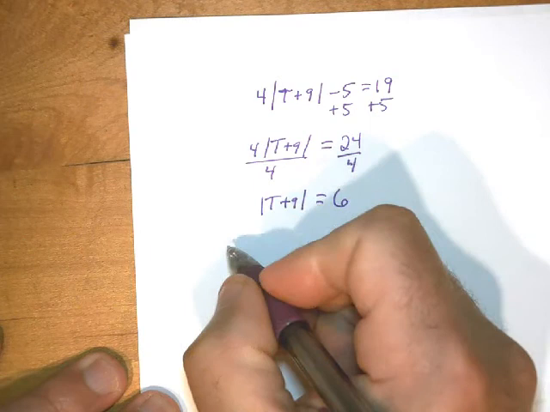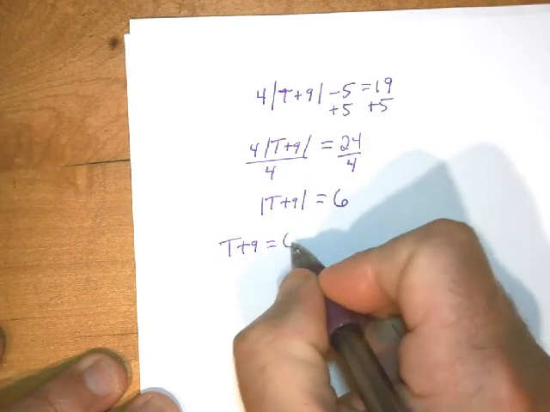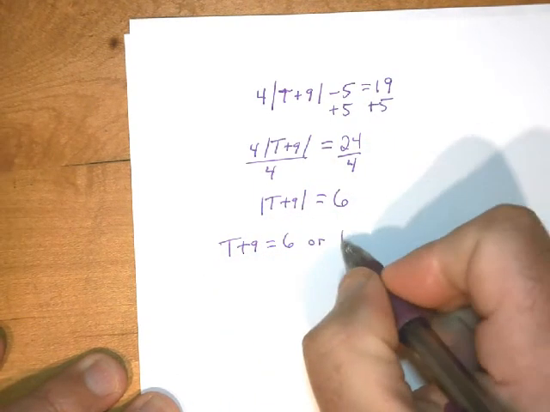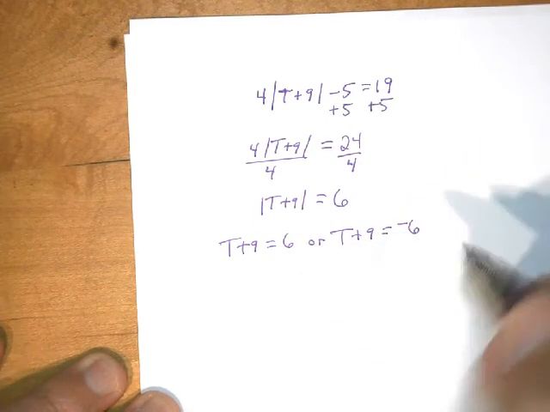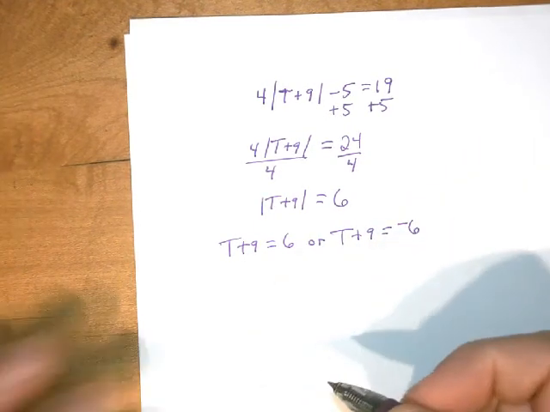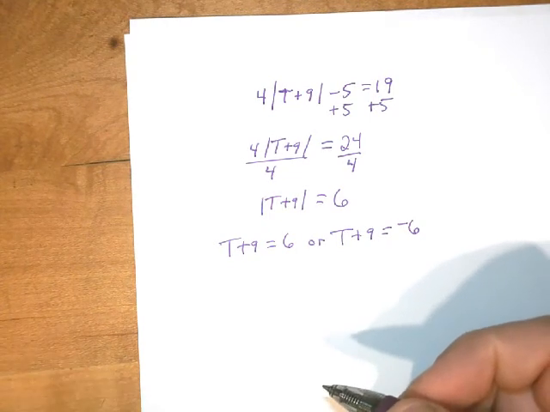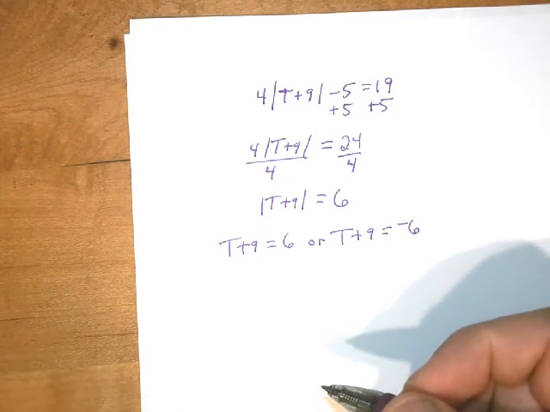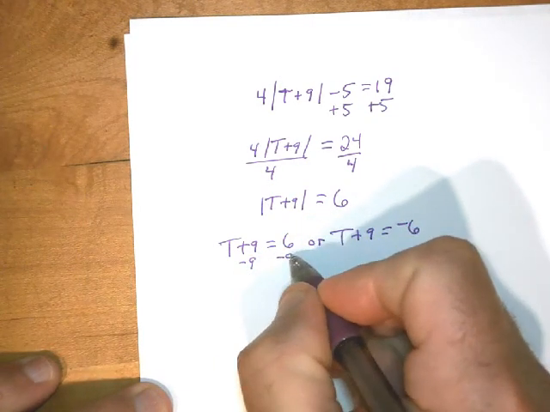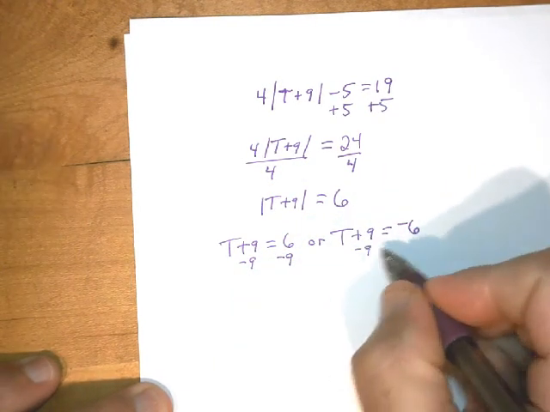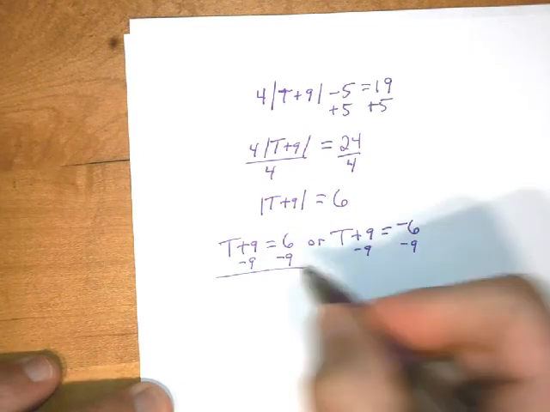We are now to our stage where we have the absolute value by itself. So we now have our 2 equations that we need to set up. T plus 9, we drop the absolute values, equals 6. Or t plus 9 equals minus 6. As we're continuing this, we're going to subtract 9 from both sides in both equations.